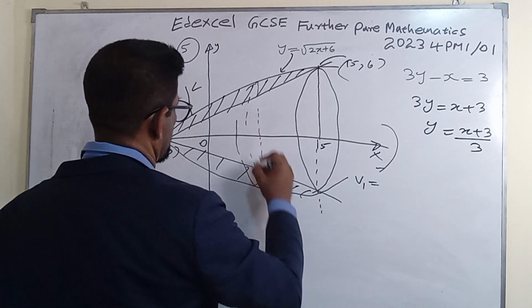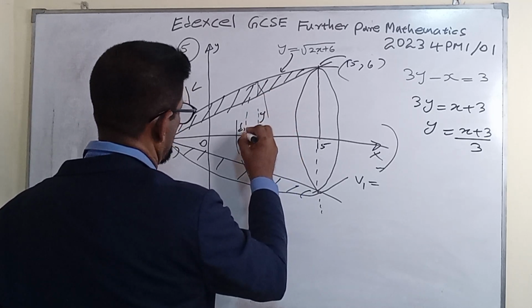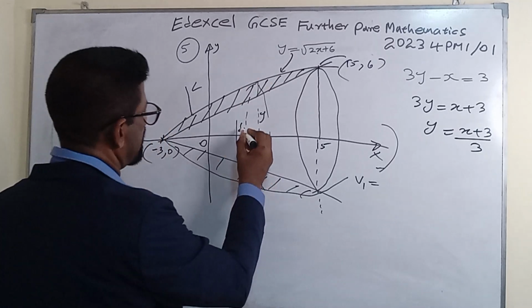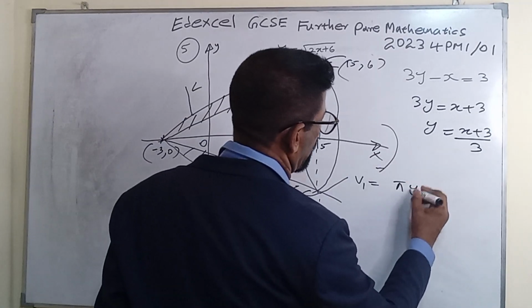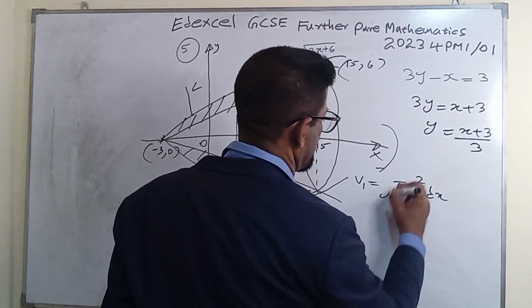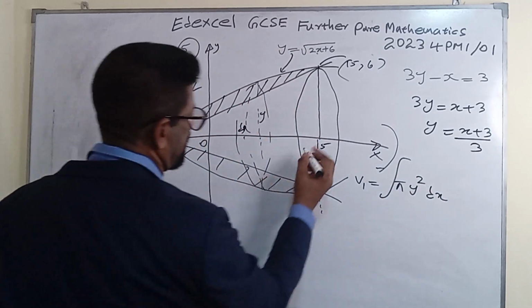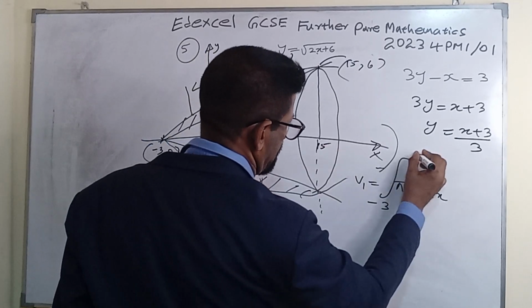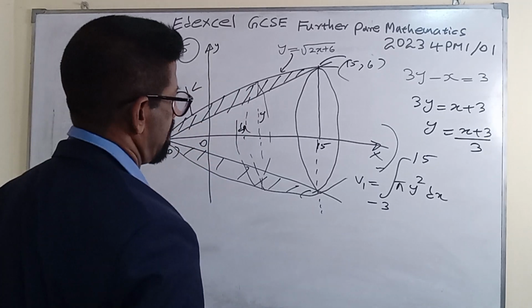This is a delta x gauge, this is y, this is dx. This is a slice, pi y squared dx. So we can integrate pi y squared dx from minus 3 to 15.